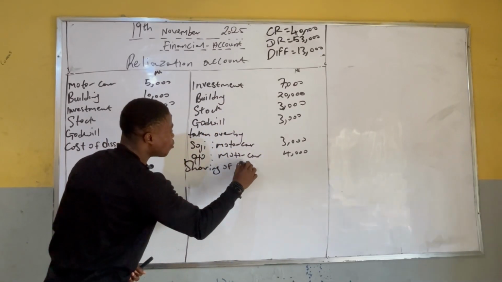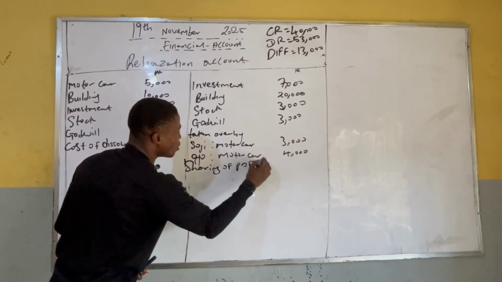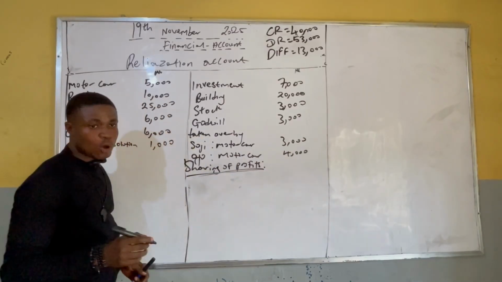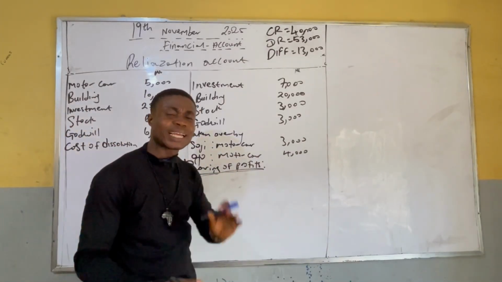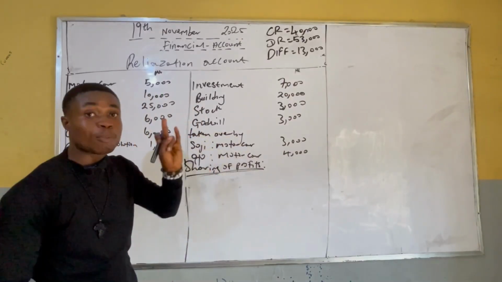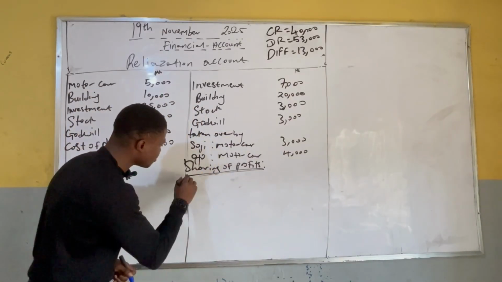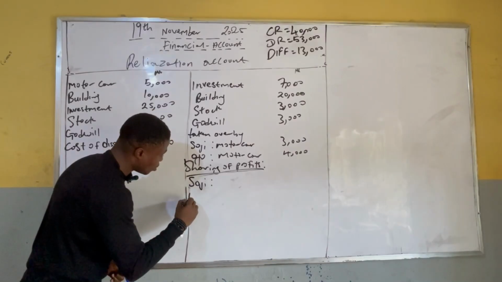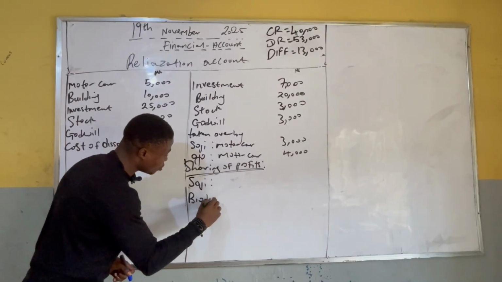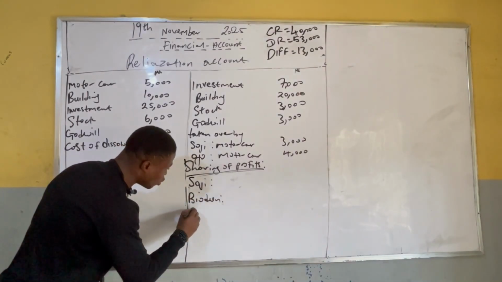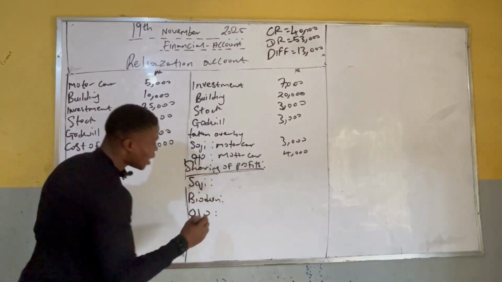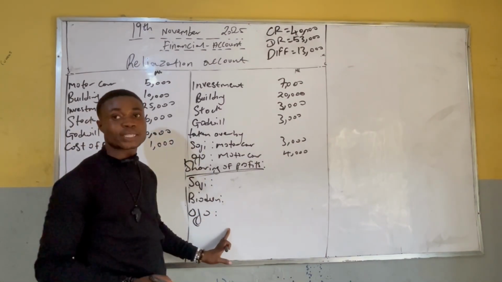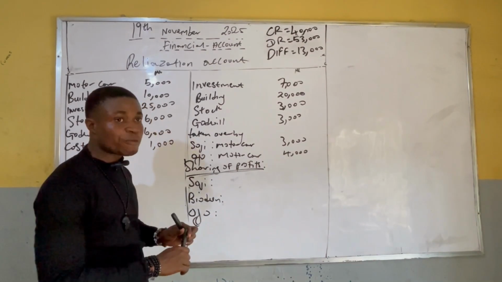Sharing of profit. Who are those that are in the partnership? There are 3 people: Soji, Biodu, and Ojo. They share profit equally.